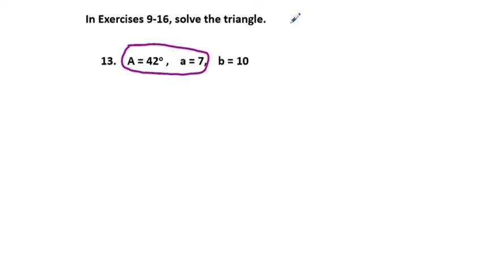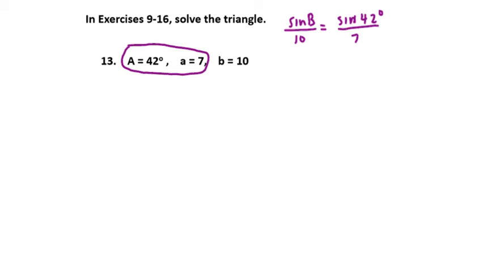And so for that, we can write this as sine of angle B, which we don't know, over side B, which is 10, is equal to sine of angle A, which is sine of 42 degrees, over side A, which is 7.